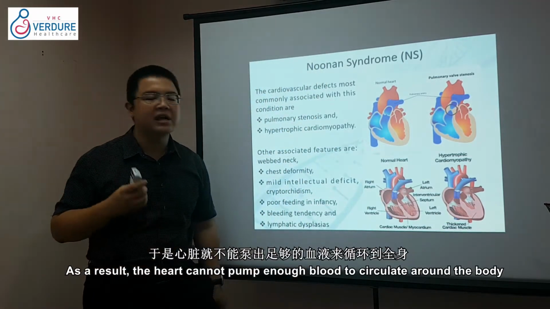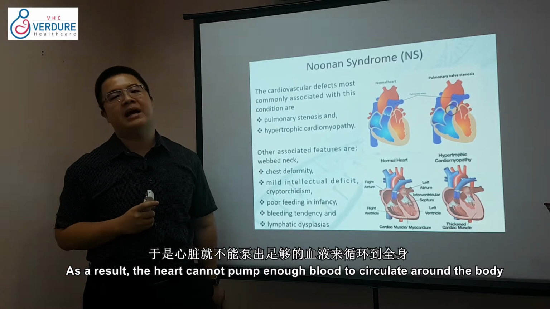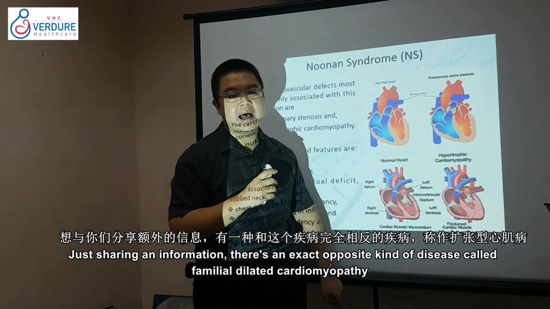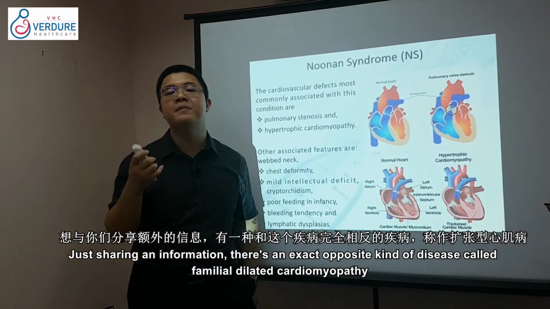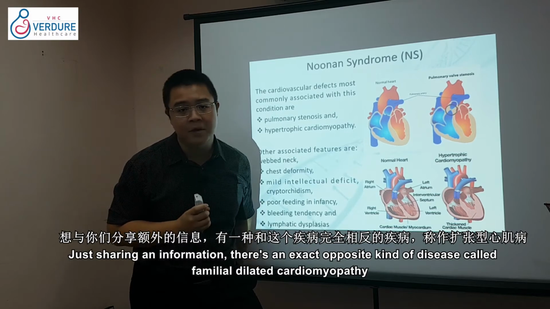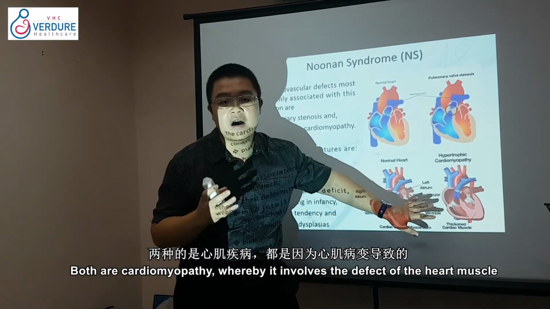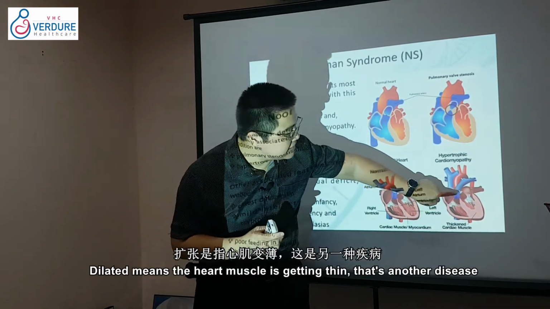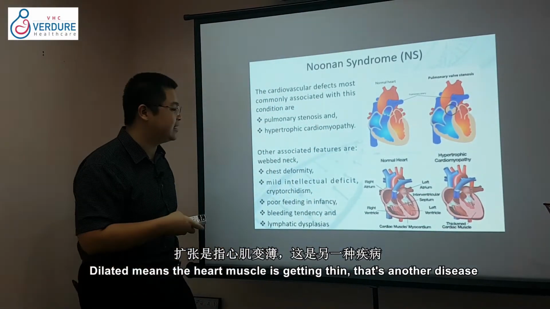As a result, the heart cannot pump enough blood around the body. Just to share more information, there is an exact opposite kind of disease called familial dilated cardiomyopathy. Both are cardiomyopathies involving a defect of the heart muscle, but in the dilated type the heart muscle gets thinned. Of course, that is another disease.